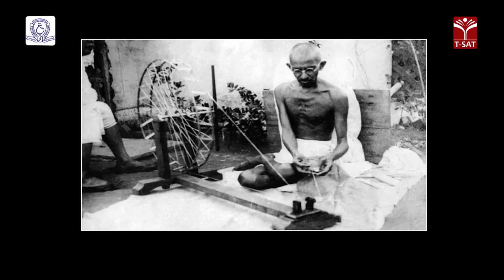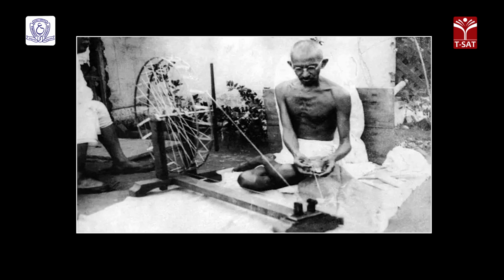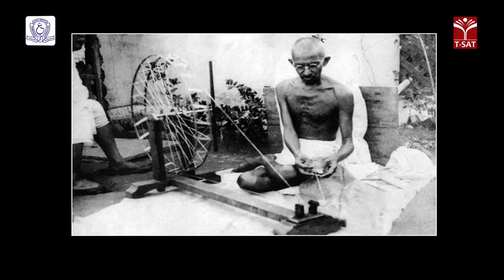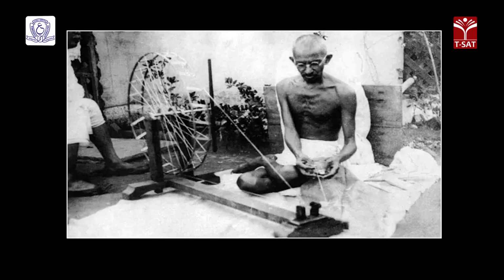The charkha or the spinning wheel and the khadi or the homespun coarse cloth became the very symbol of nationalism and a sign of support for the national economy. Gandhiji made it compulsory for all satyagrahis to use khadi clothes. All forms of rural handicrafts received great encouragement from Gandhiji.